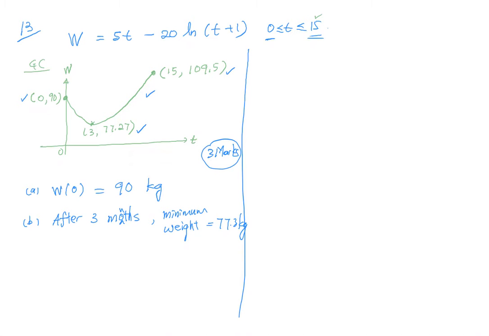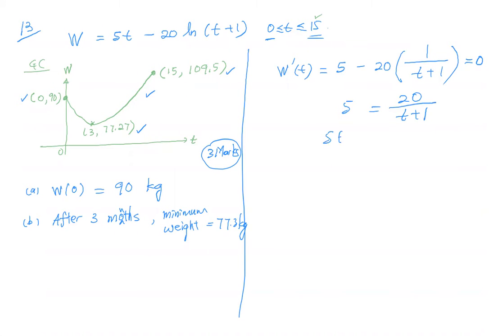What we need to do, we have to put W prime t, it will be 5 minus 20 times 1 over t plus 1, correct? Then you equate it equal to 0. So you have 5 equal to 20 over t plus 1.